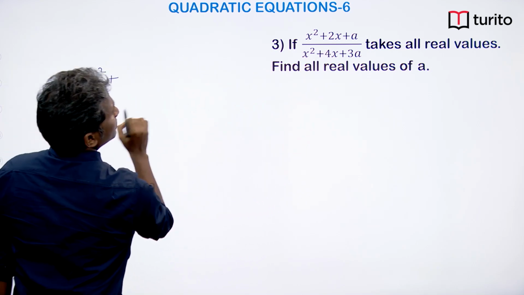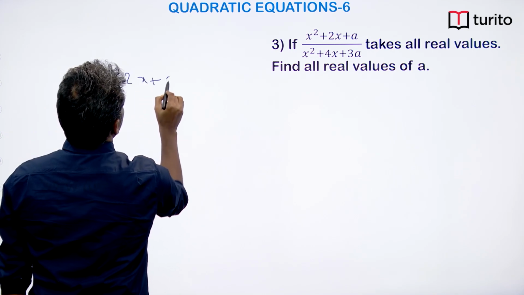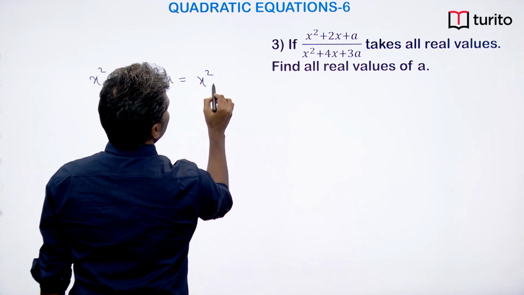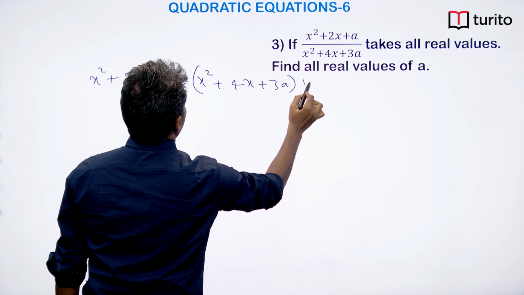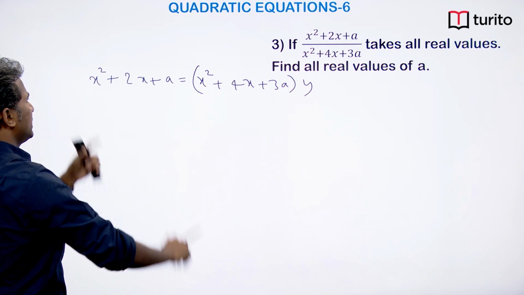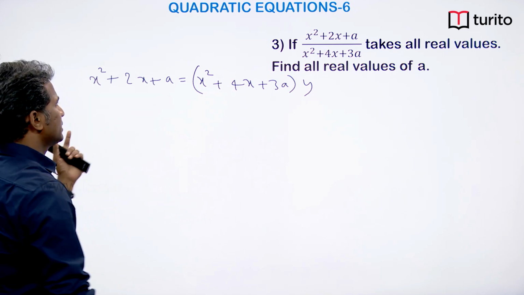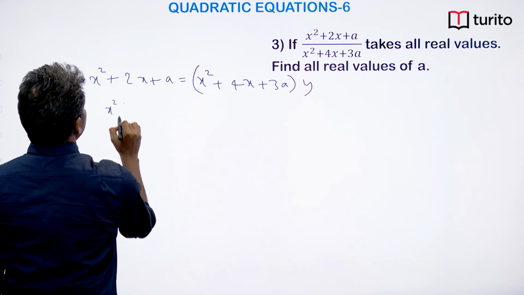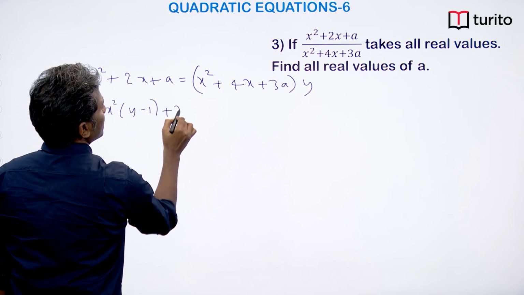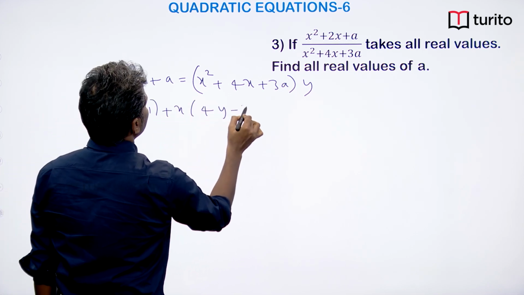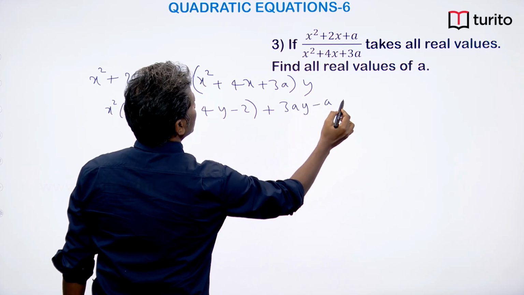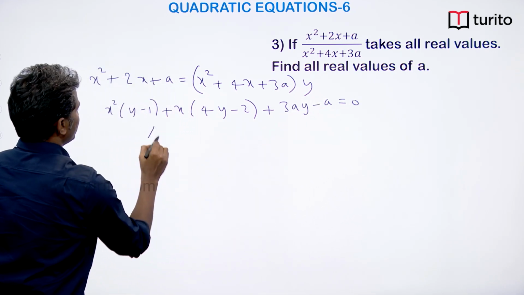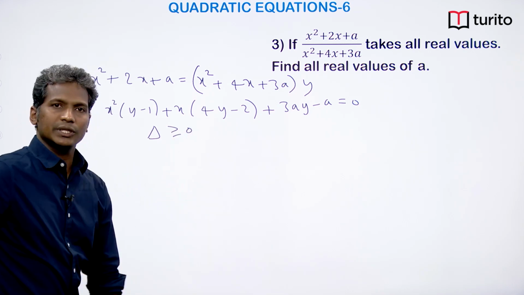So, x square plus 2x plus a is equal to (x square plus 4x plus 3a) into y. Now, we take either LHS to RHS or RHS to LHS, it does not matter. So, x square into (y minus 1) plus x into (4y minus 2) plus (3ay minus a), this must be equal to 0. So, further delta must be greater than or equal to 0.